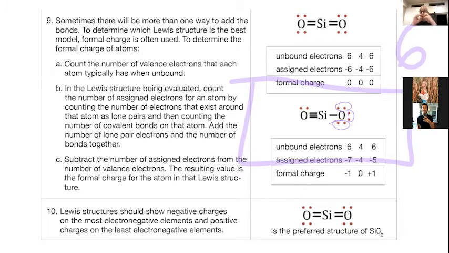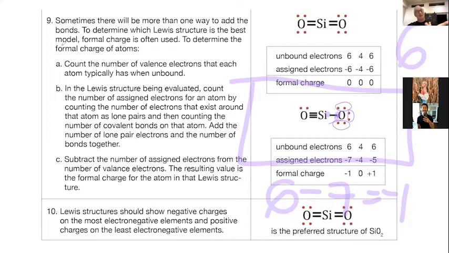It gets to keep one of the electrons from the bond, because we assume that the electrons are shared equally. They're not, but we assume that they're shared equally. Each one of these bonds is 2 electrons, so oxygen gets to keep one of them, and silicon gets the other one. So it has a total of 7. We expect it to have 6. It actually has 7, so we subtract, and we get a charge of -1.